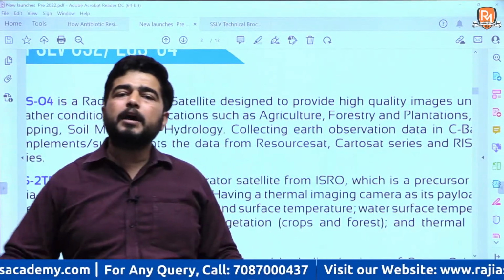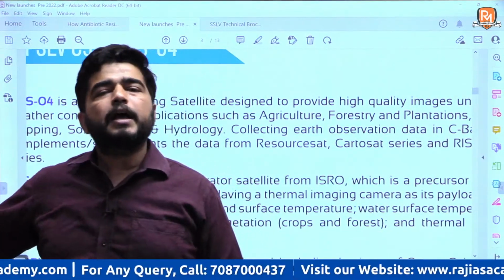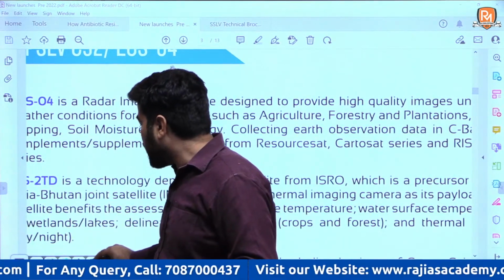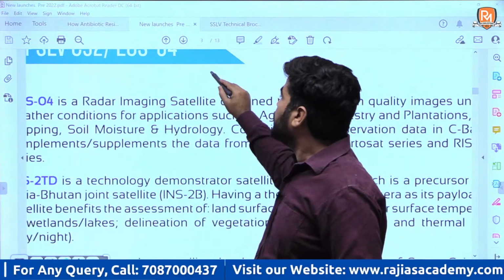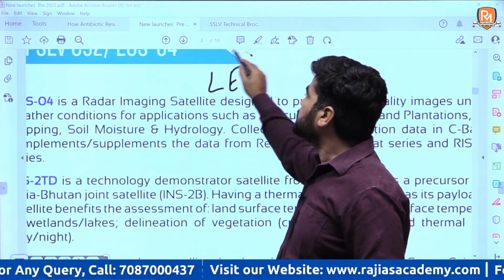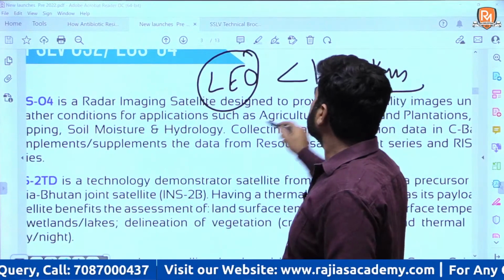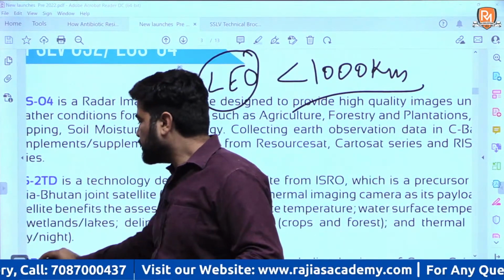These are all Earth observation satellites, and an important point here is that these are launched in low Earth orbits, less than 1000 kilometers in height. Fine.